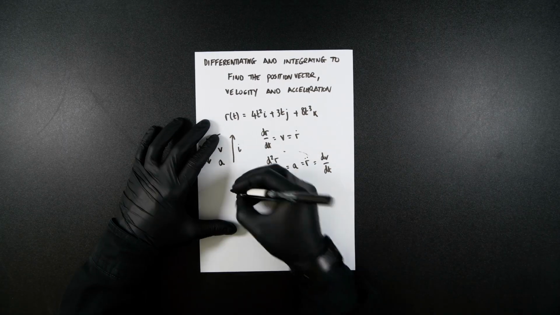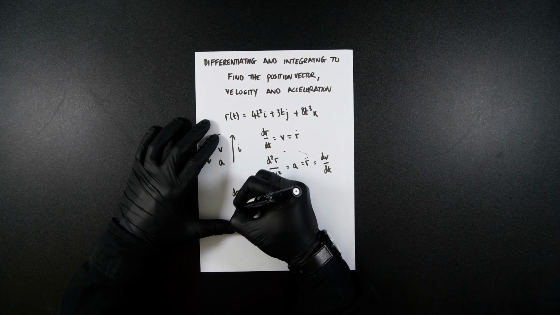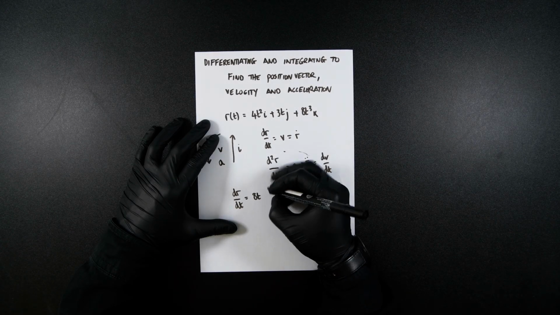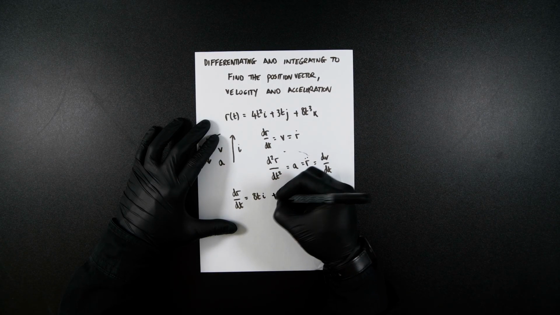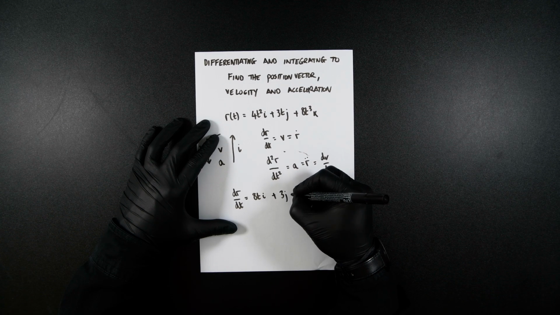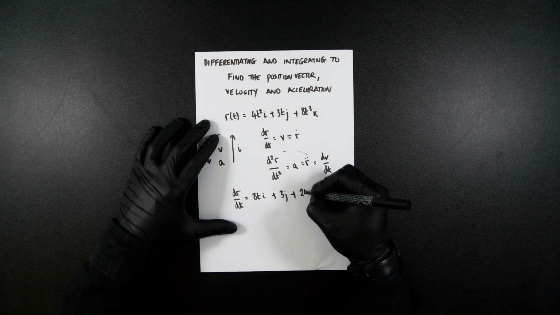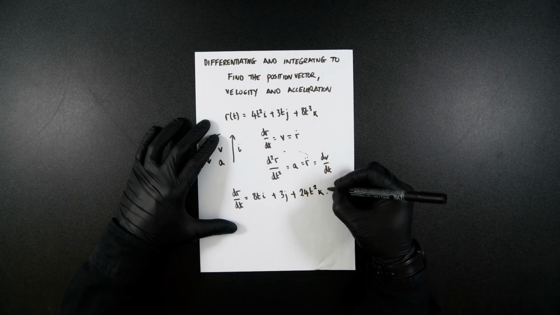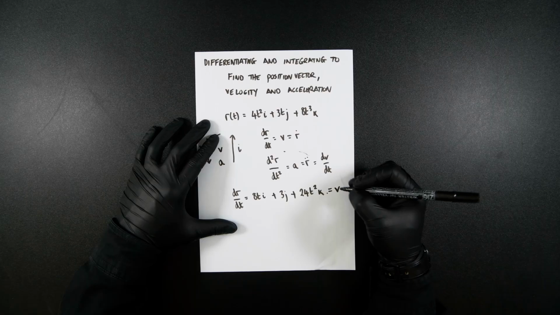So if we differentiate dr/dt, you're going to get 8t i plus 3j plus 24t squared k, which is the velocity.